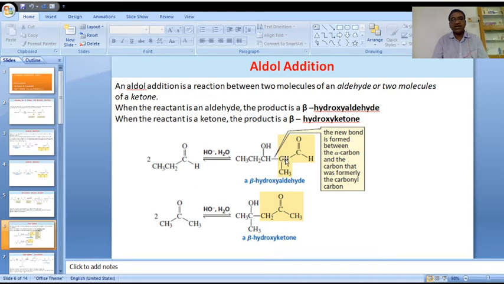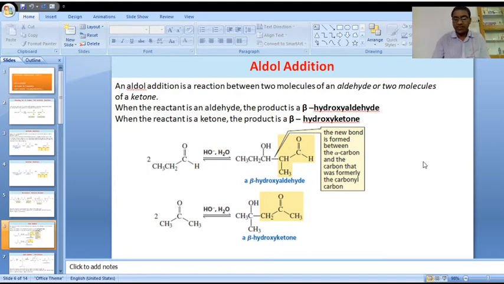The alpha carbon bonds with the carbonyl carbon of another mole of aldehyde, forming a new sigma bond between these two carbons. This is called the aldol addition reaction.